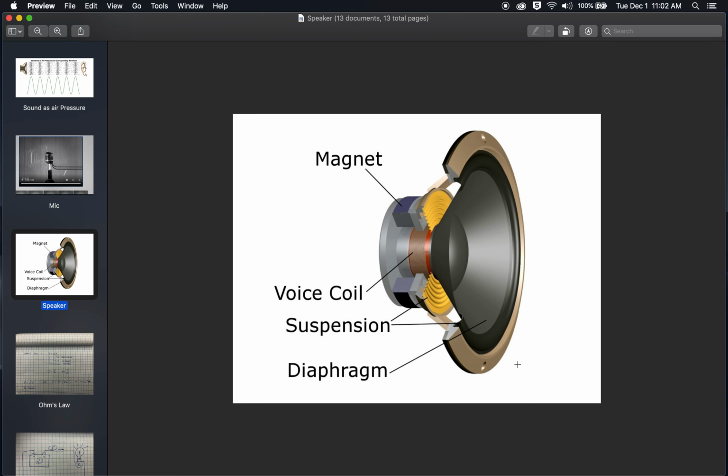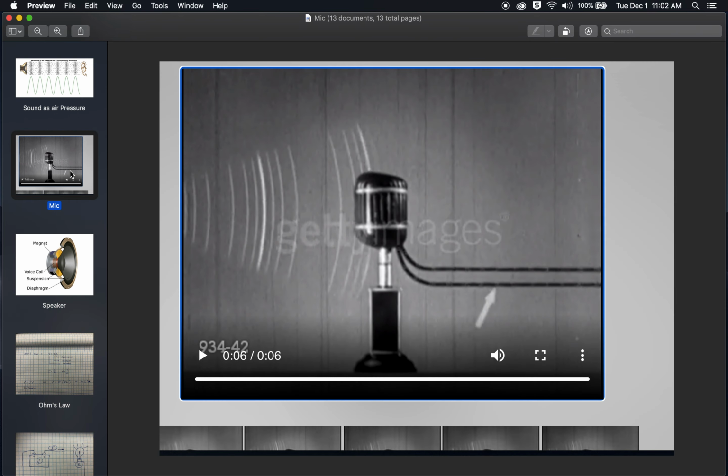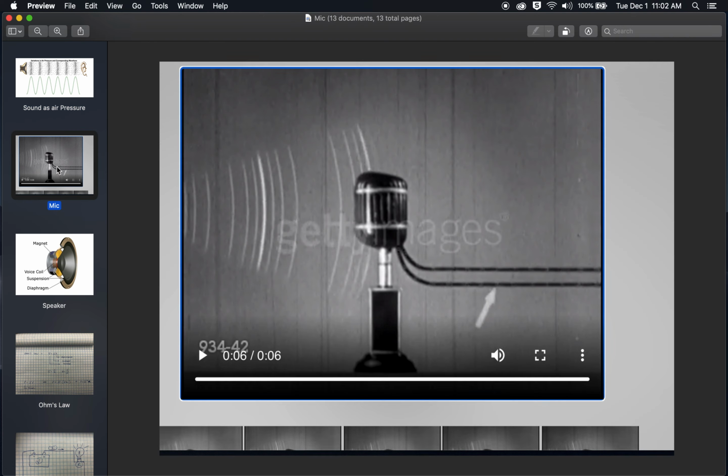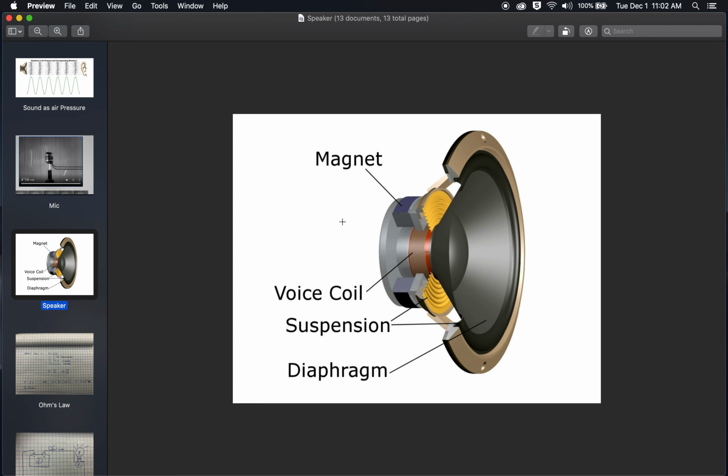Well, speakers work in really the exact opposite way. Whereas a microphone, or our ears for that matter, take changing sound pressures and convert them into electric signals, a speaker is taking an electric signal and converting it into a different form of energy, which is pressure waves, right?